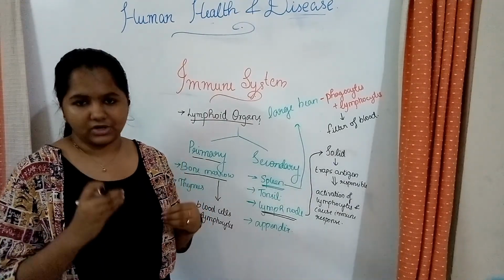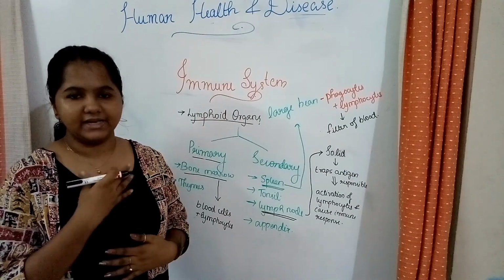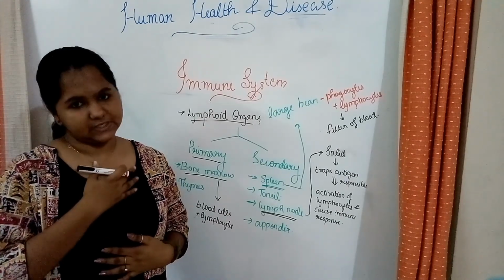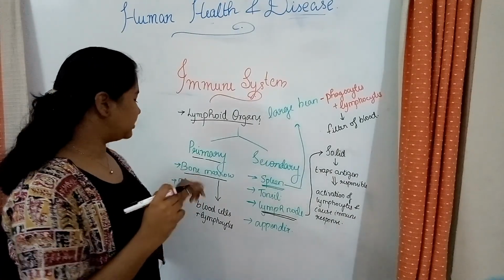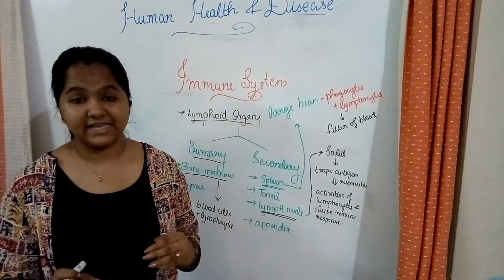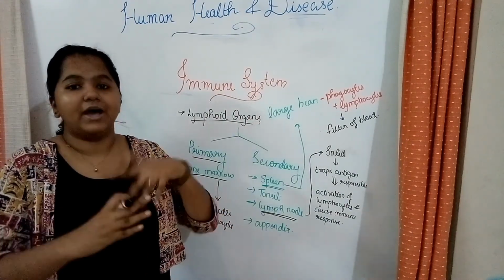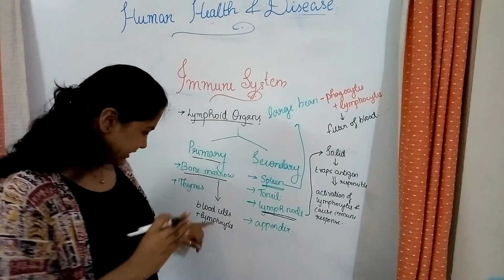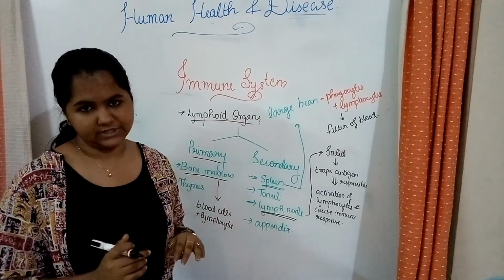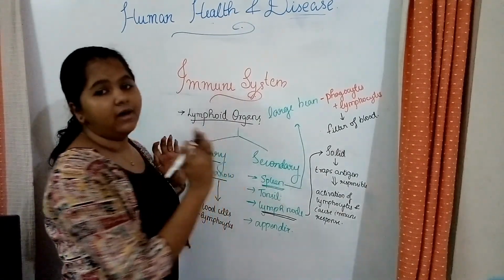Thymus is a lobed structure in our body just below our breastbone. And then what is bone marrow? Bone marrow is a site where the production of all the blood cells plus the lymphocytes takes place. So that is the role of primary lymphoid organs.